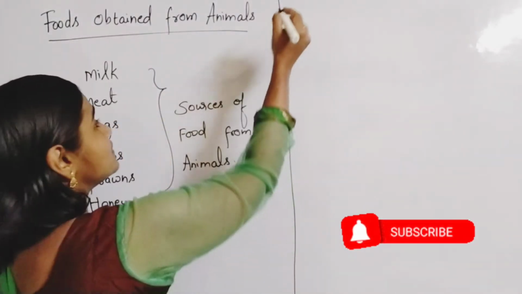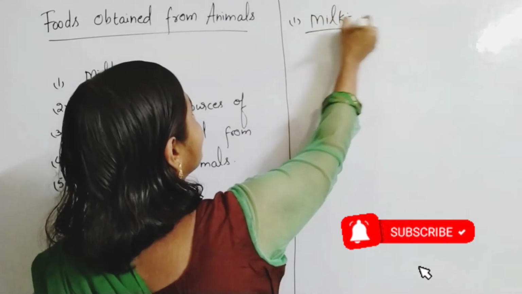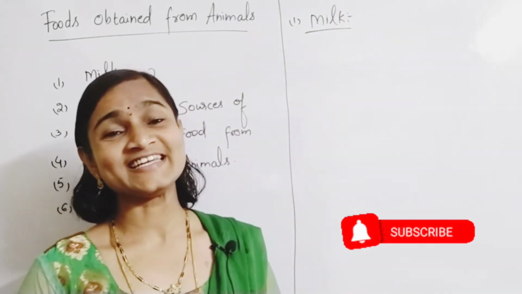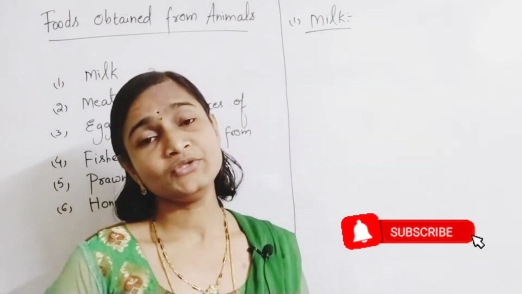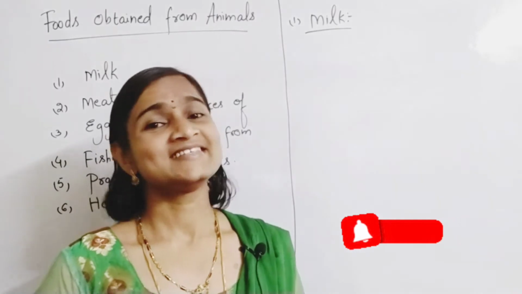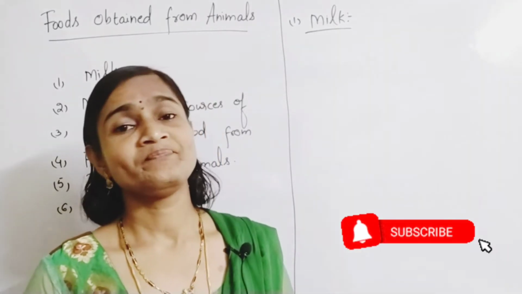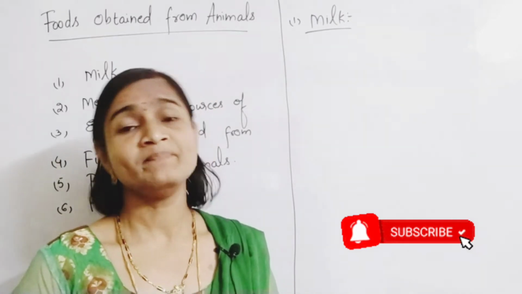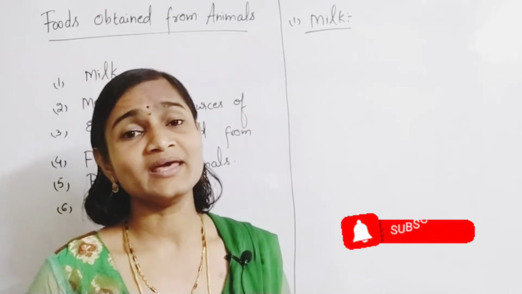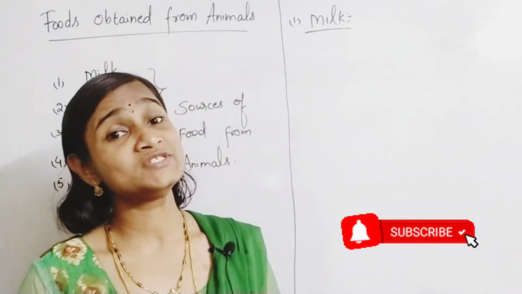So first one, you all know, milk. Every day we start our day with milk only, isn't it? You all know that milk is obtained from which animal? Yes, it is obtained from cows, buffaloes, as well as goat, camel, sheep. All these animals give us milk. Most of us consume buffalo milk and cow's milk.